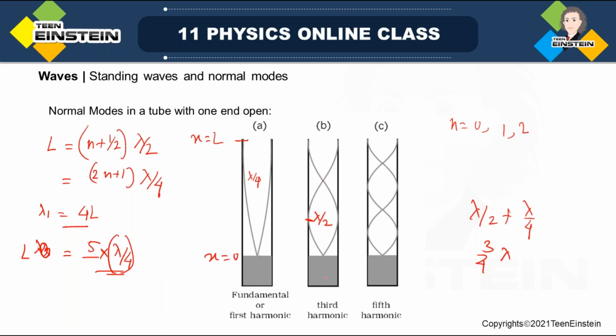This is the third harmonic. n is equal to 0 is the first, n is equal to 1 is the... I don't know, there is some mistake over here. The third harmonic should be, yes, this is called the third harmonic.